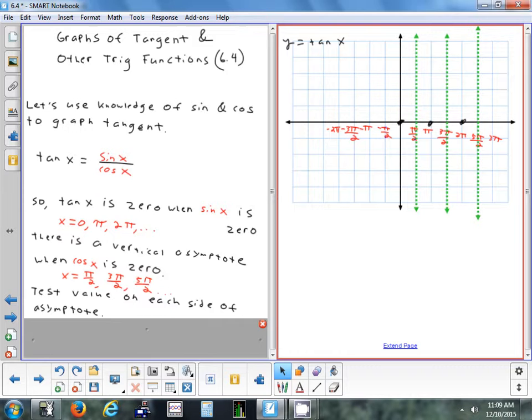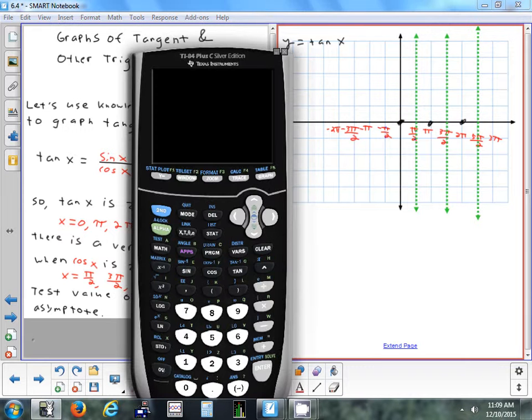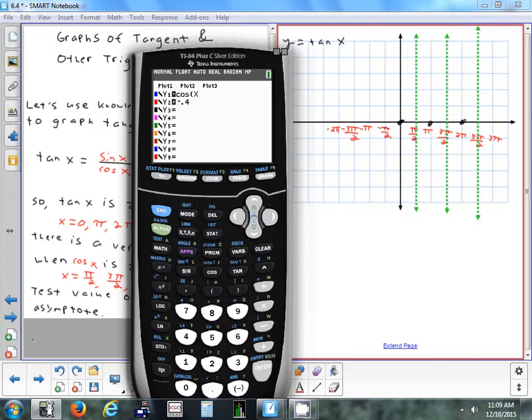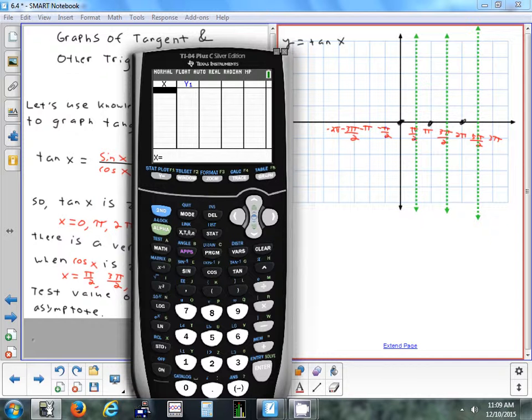All right, so let's type in tangent. You can turn your calculator on. Okay, I'm going to do it in radians. What would be a value? Well, let's look at what pi over 2 is, in case you're not sure what number that is.